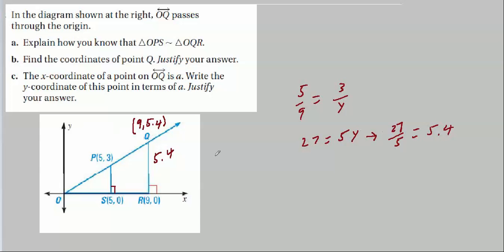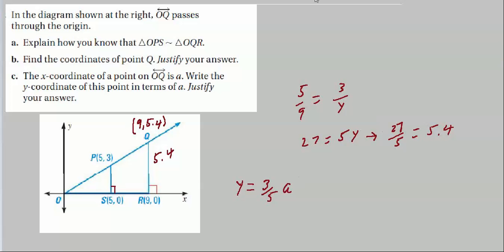So y equals 3/5 times a plus the y-intercept, which is 0. So the y-coordinate given any point a is going to be 3/5 a.